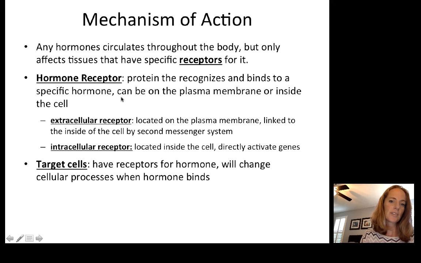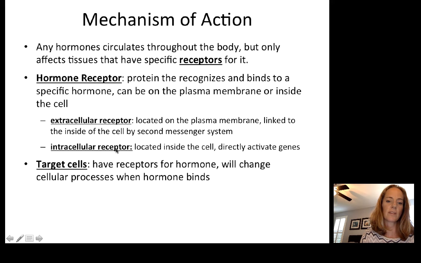Hormone receptors, just like other receptors we've learned about, can either be extracellular, meaning they're located on the plasma membrane, and they're linked to the inside of the cell by nearby molecules through second messenger systems. Or they can be intracellular receptors, located inside the cell, and usually they will then directly activate genes.